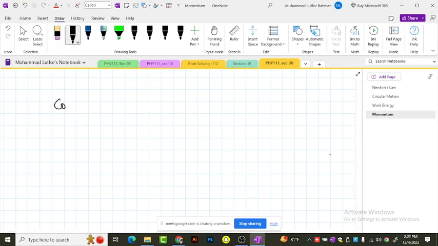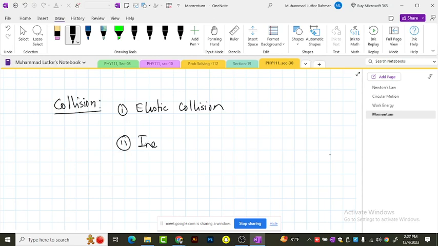So let's define collision: it is the interaction between two particles. There are two types of collision. One is the elastic collision, number two is the inelastic collision.